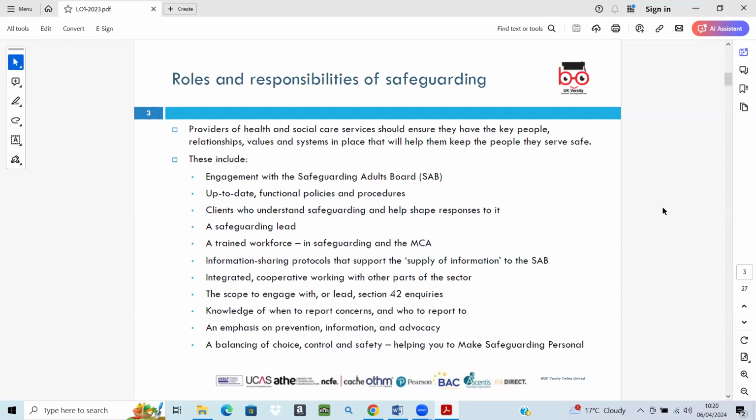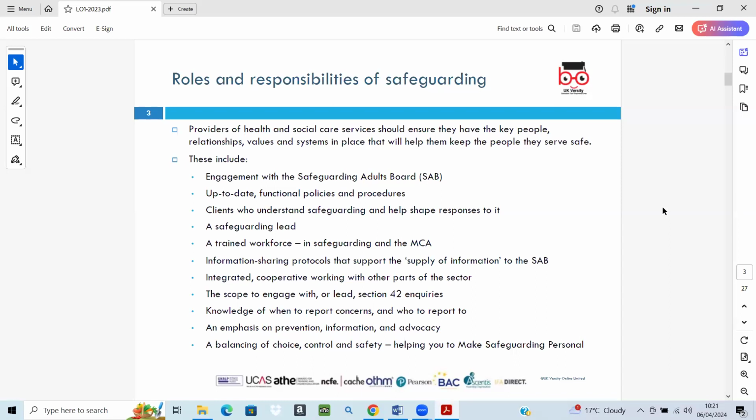The provider should be prepared to engage with statutory requirements and inquiries under Section 42 of the Care Act 2014, which concern protecting an adult at risk of abuse or neglect. What role do care providers play in Section 42 inquiries? Providers supply vital information, support the individual involved, and implement recommendations to prevent future harm.